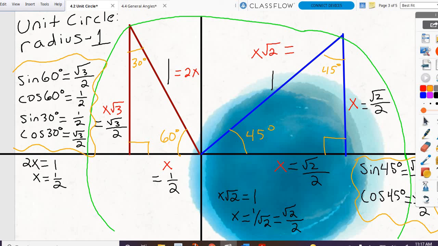Because tomorrow we're going to look at some reference angles where we're going to need to use these values. That make sense? Yes. Alright. So that's where we are going to stop for today.